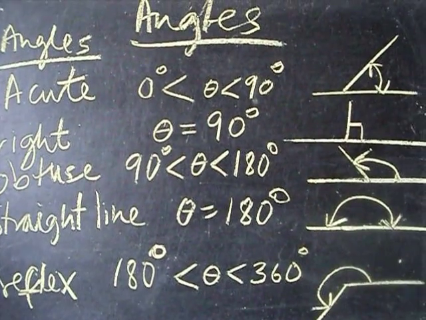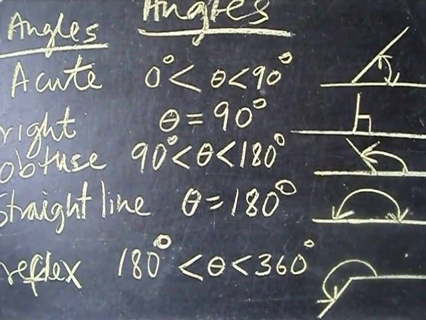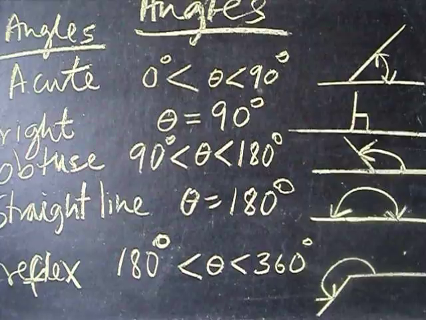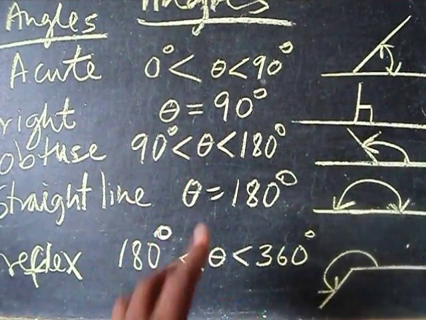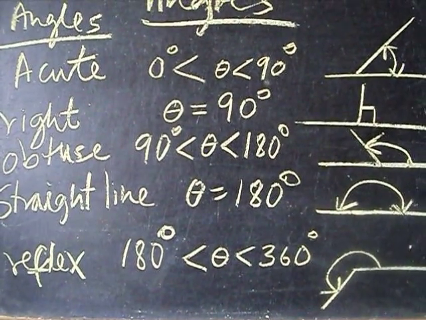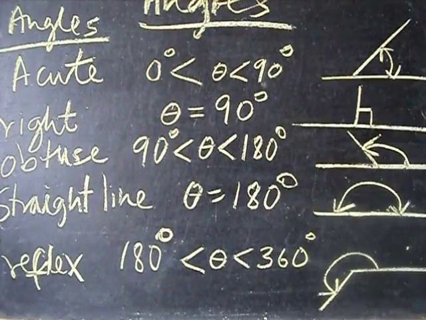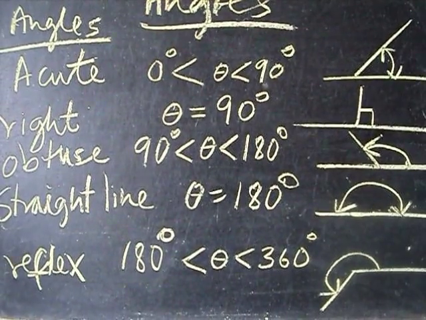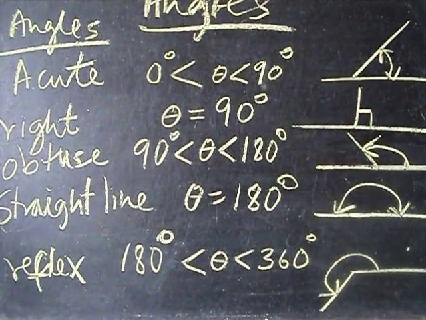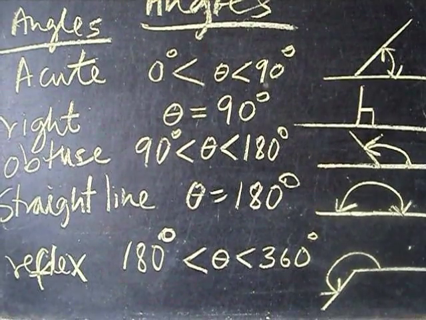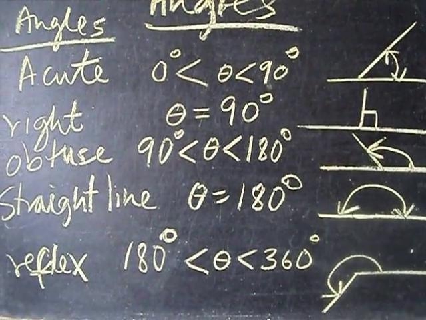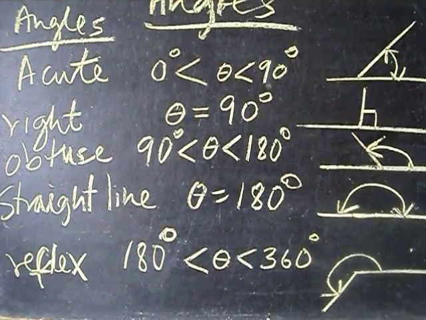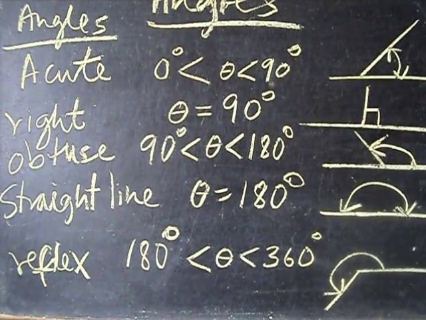You see different ways. So 91 is obtuse, 160 is obtuse, 120 is obtuse, 150 is obtuse, 179 degrees is also obtuse. So the obtuse angle is between 90 and 180 degrees.